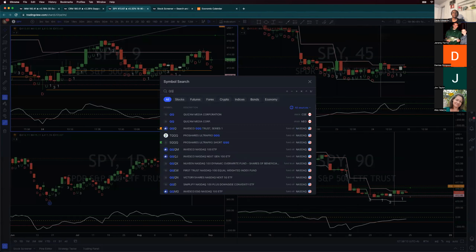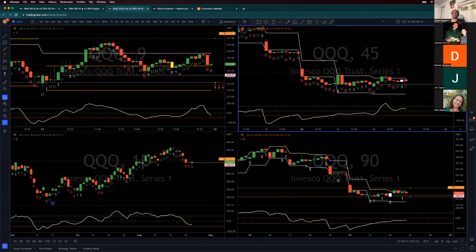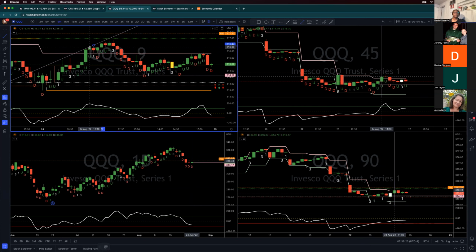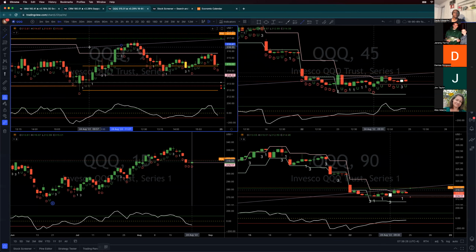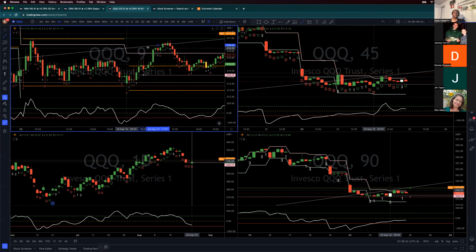Same thing here with the Qs. You have to understand your ranges. You went 2 down, this becomes your triangle, right? So now you have this outside bar here. Don't have much of a, excuse me, much of a triangle, right?